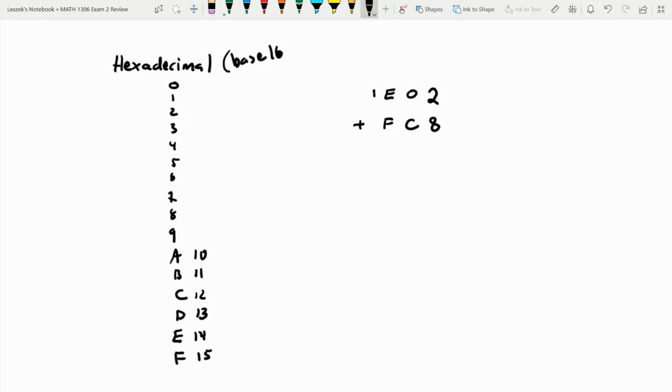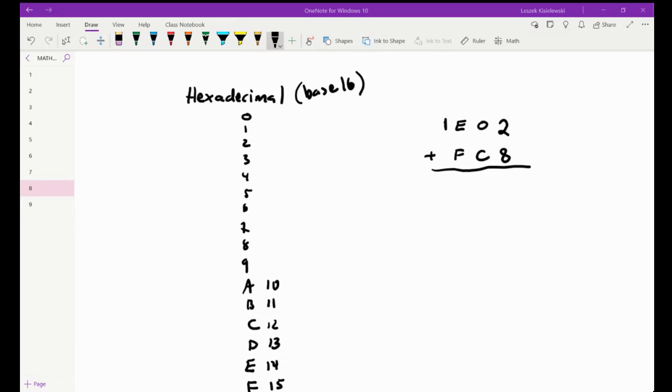And these are clearly in hexadecimal because we see letters. So I'll let you add those on your own for a second. I'll go over it as soon as I see an answer in chat.